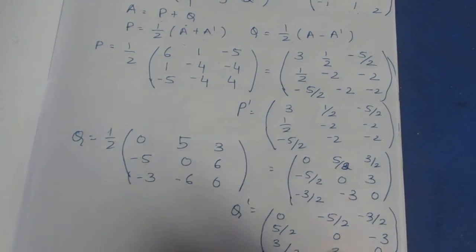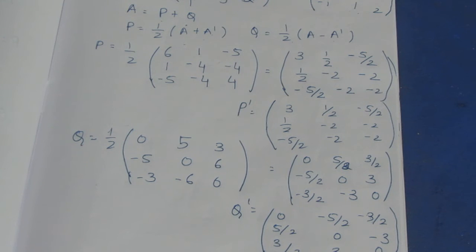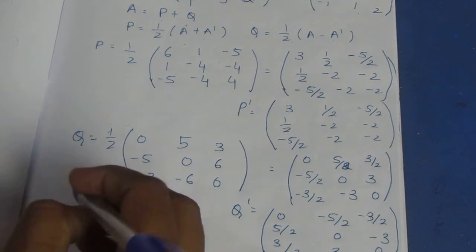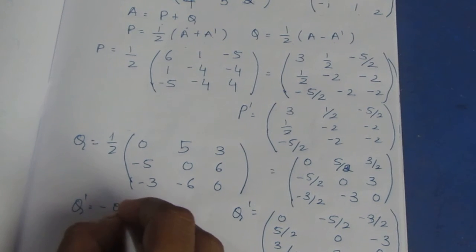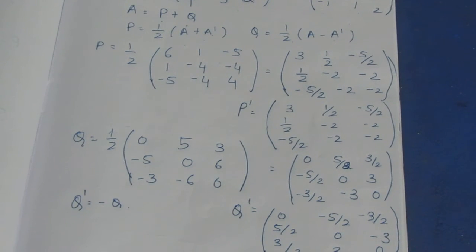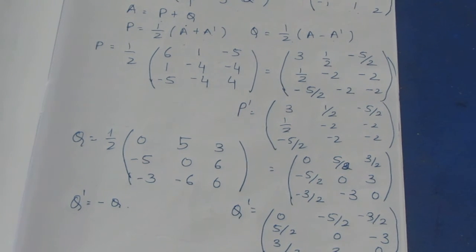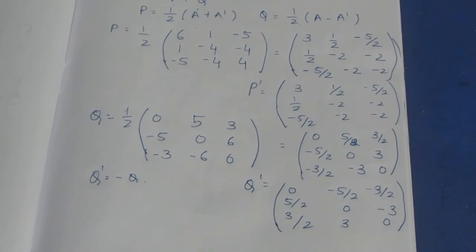If you check the Q and Q transpose, there is a change in the sign. That means Q transpose is equal to negative of Q. If there is a change in the sign alone, it is called a skew symmetric matrix. Q is a skew symmetric matrix.